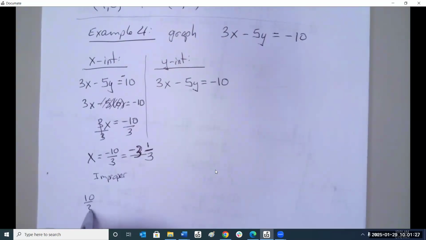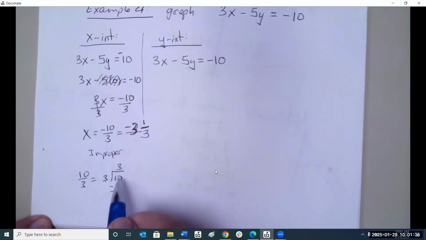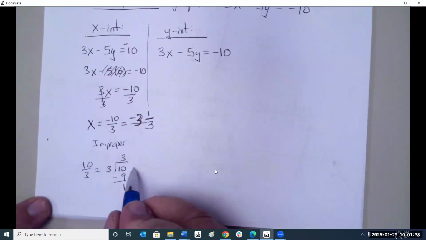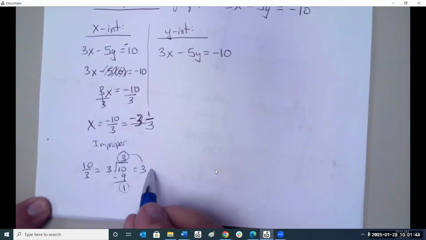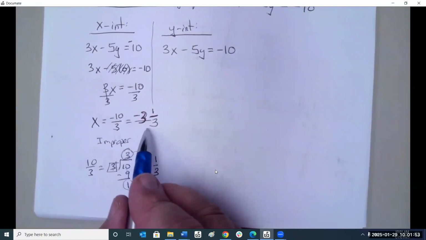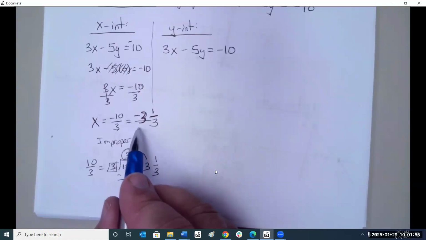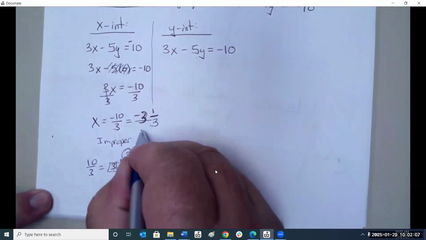Since 10 divided by 3 is the same thing as that. 3 goes into 10 3 times. 3 times 3 is 9. This number goes out in front. This number goes on top. And this is always your bottom number. What kind of number is this? Starts with an M, ends with ixt. Mixed number. Because it has an integer and a fraction. This is called a mixed number.